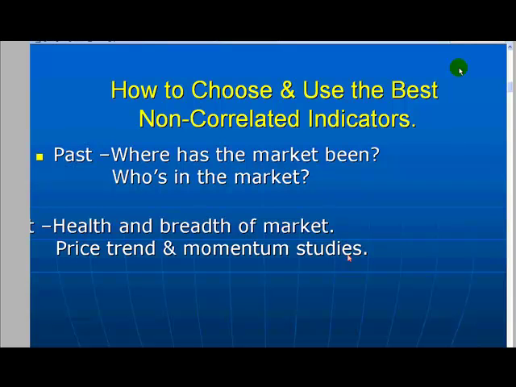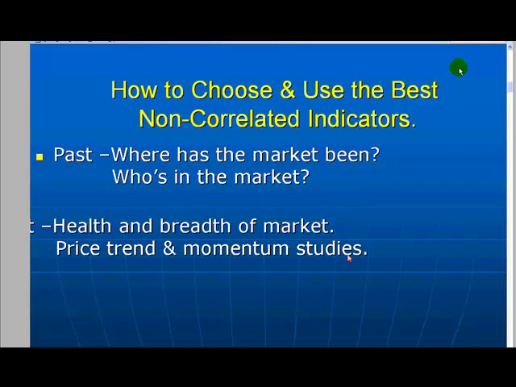One of the things that we should do as analysts and traders is understand how to choose and use the best non-correlated indicators. It's good to use corroborating information. It's very good to use confirming indicators, but we don't want them correlated.